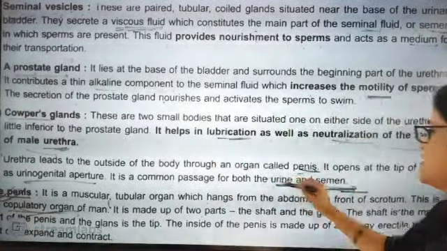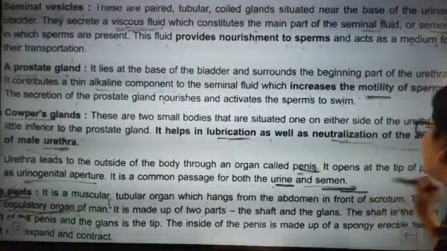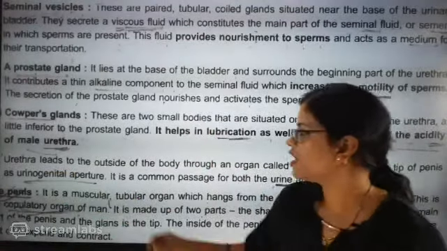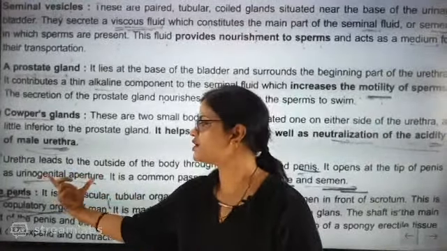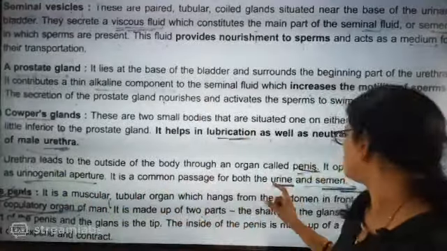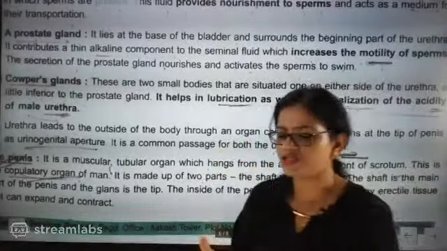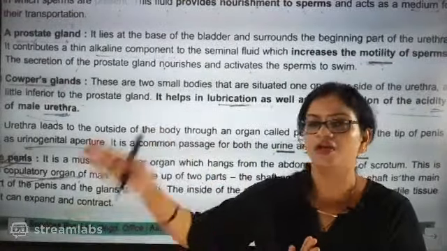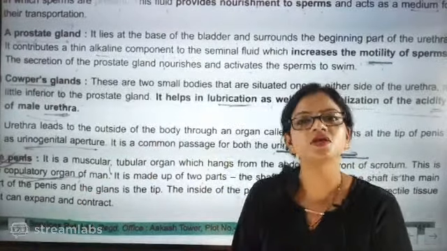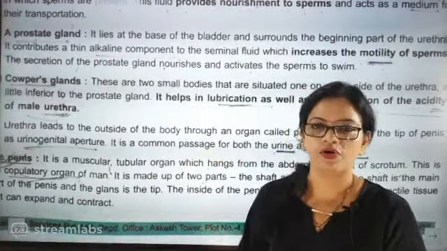It opens at the tip of the penis, and this is called the urogenital aperture. Urine and semen pass through this aperture, which is the common pathway for both the sperms and the urine in males.